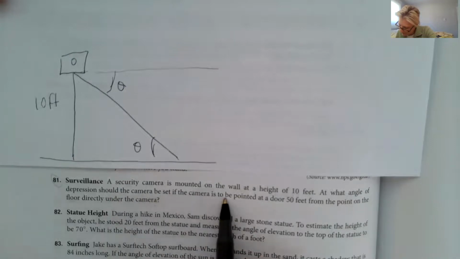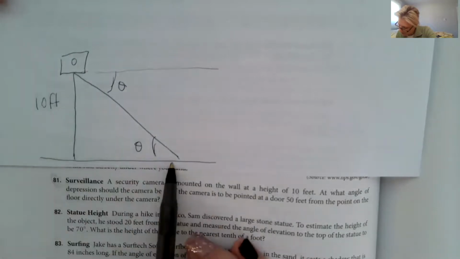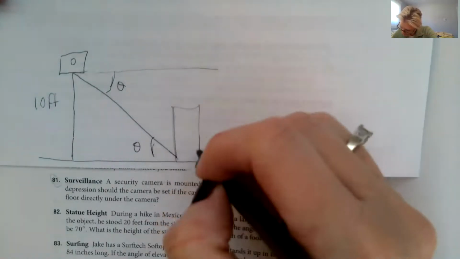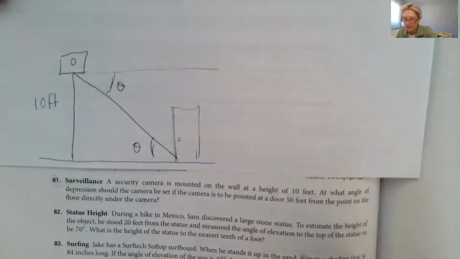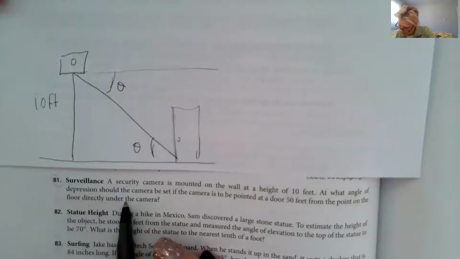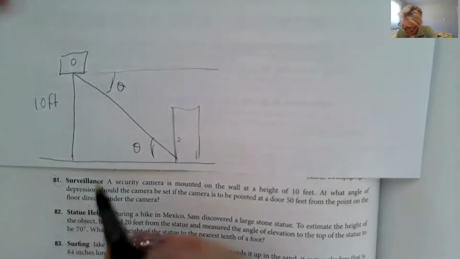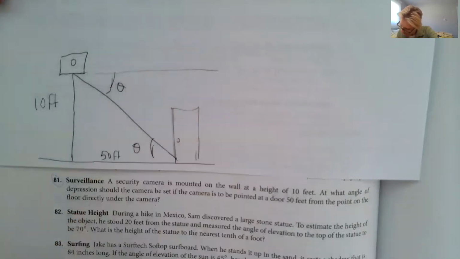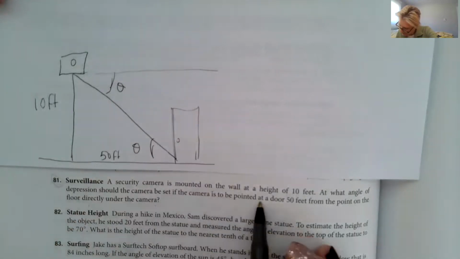If the camera is to be pointed at the door, so this is our door here. That's the door, 50 feet from the point on the floor directly under the camera. So we're thinking this is 50 feet.